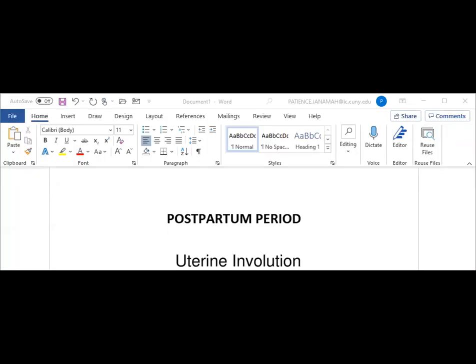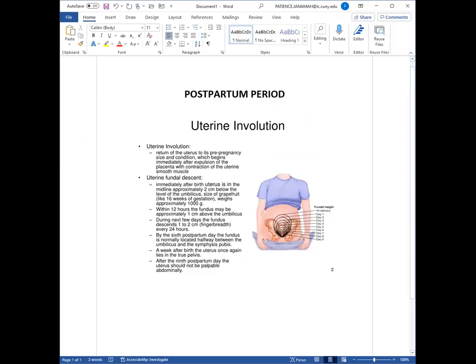Today, the topic is going to be postpartum period. Let me just go ahead and share my screen, and then we can start talking about postpartum period. So if you can see my screen, this is postpartum period and exactly what you expect to see.